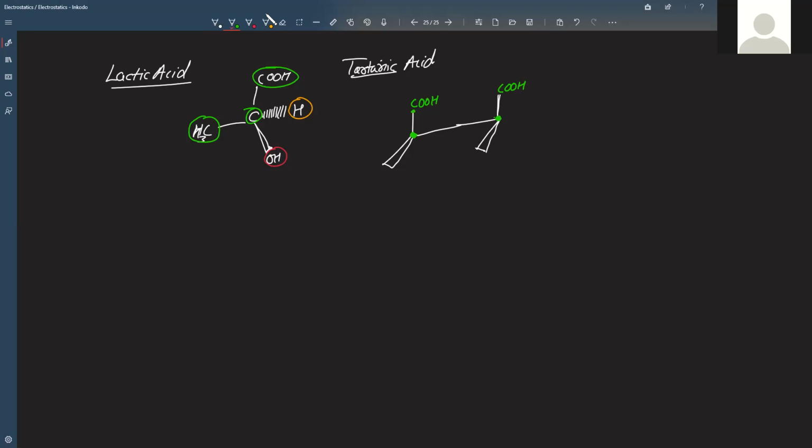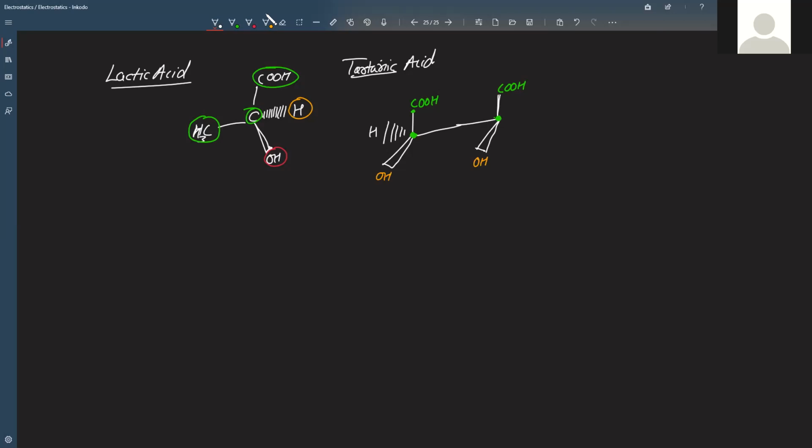And then you have one which is on the top. So the one which is on the top in this case is OH, and here also OH. And then there is one left, and that one which is left is actually your hydrogen. So if we want to show it, we show it like this. So this is your hydrogen.